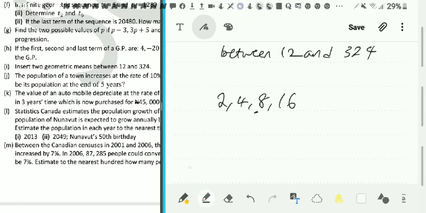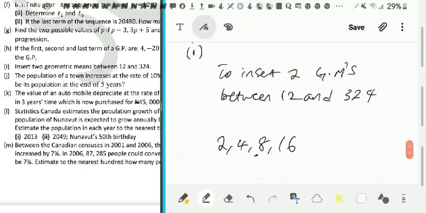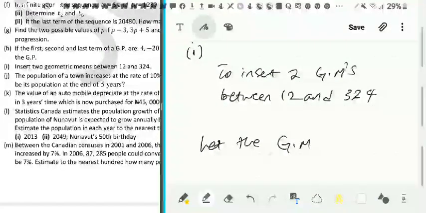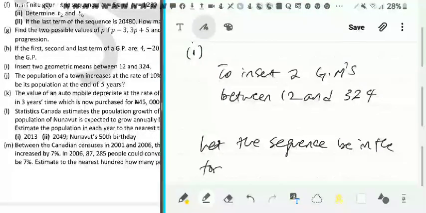Okay, so we just move on with the work, just the way we did for the arithmetic progression. If we want to insert 2 GMs between 12 and 324, let the sequence be in this form. 12 is the first number.